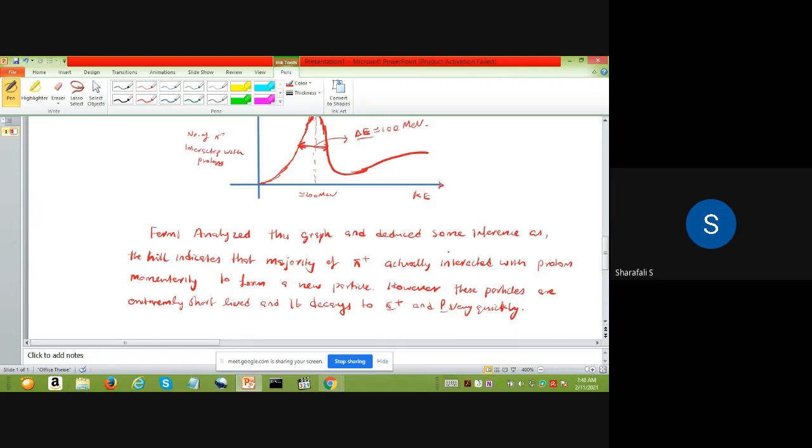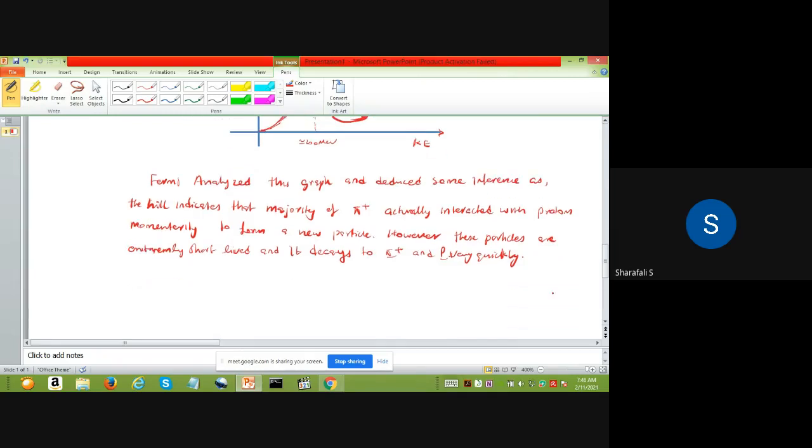Many such particles were discovered, and they are given the symbol delta.